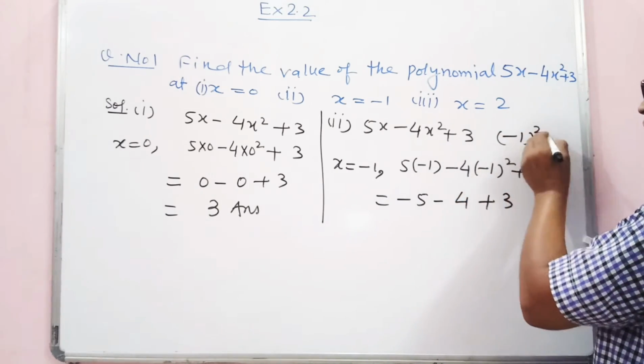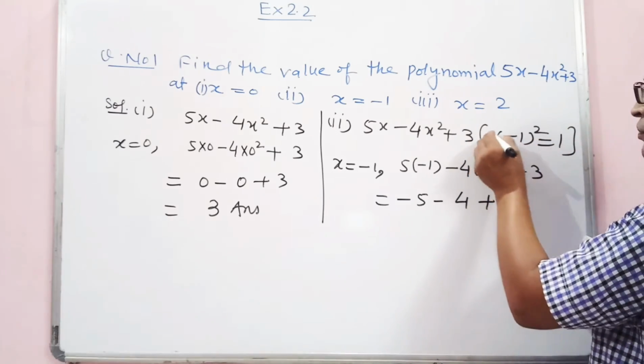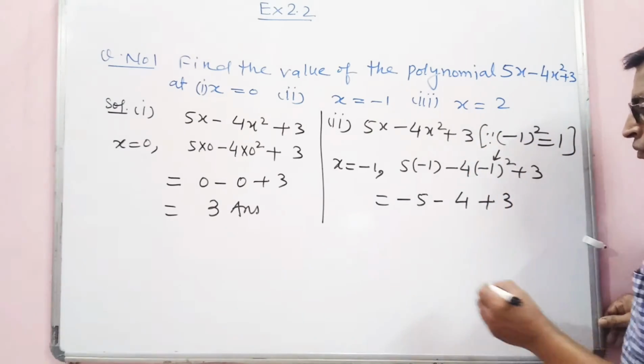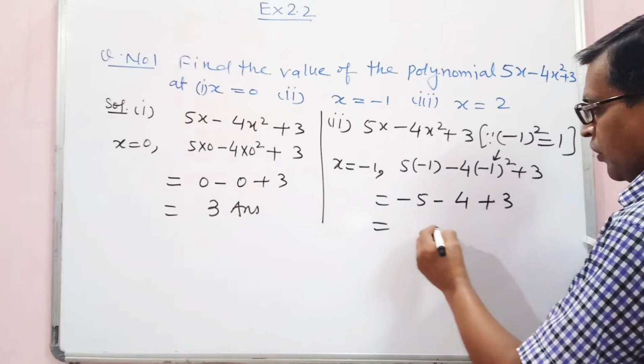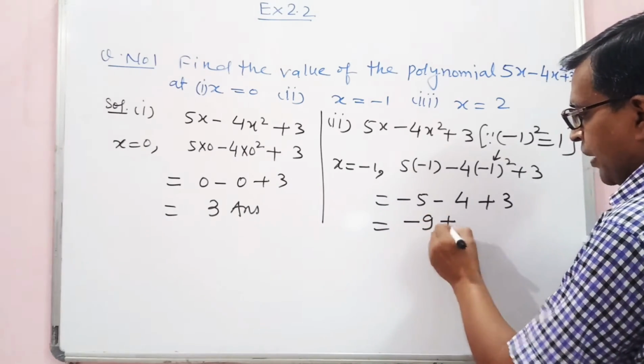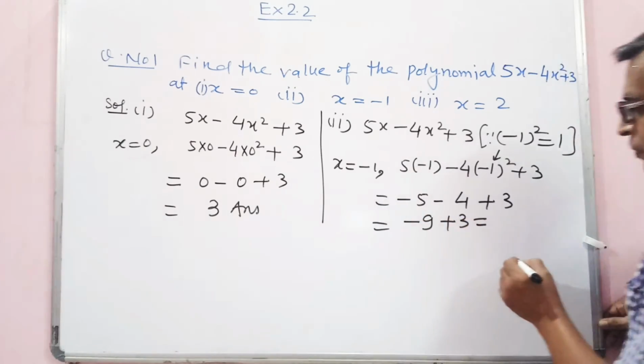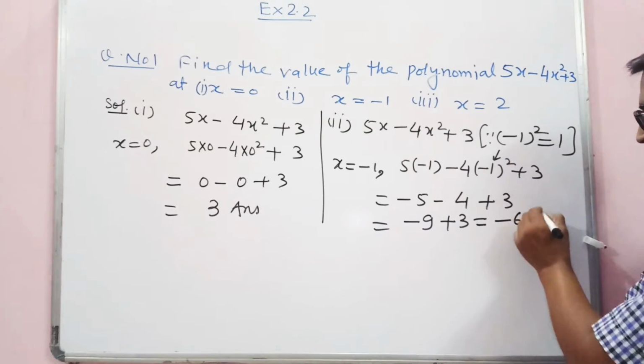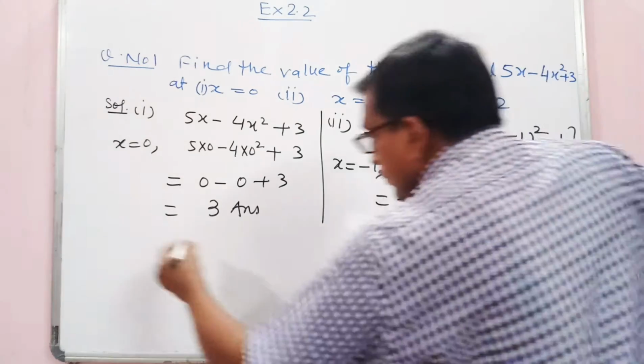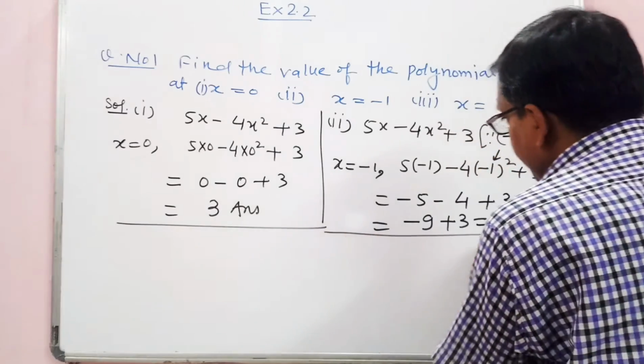Be careful as we write it down. Minus 5 minus 4 is minus 9, plus 3, minus 6, answer. Now you see the third part.